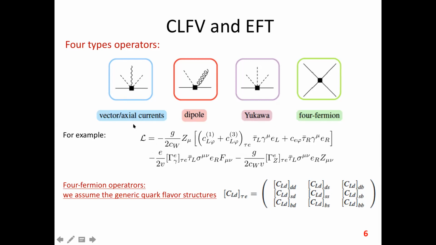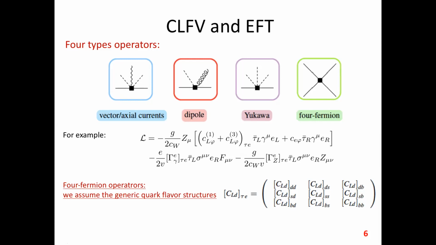Here I just show one type as an example, for the vector and axial currents and also the tensor operators. For the four-fermion operators, we also assume general quark flavor structures. It means which includes dd, ds, db, and also sd, ss, sb, and all the possible quark flavor combinations.